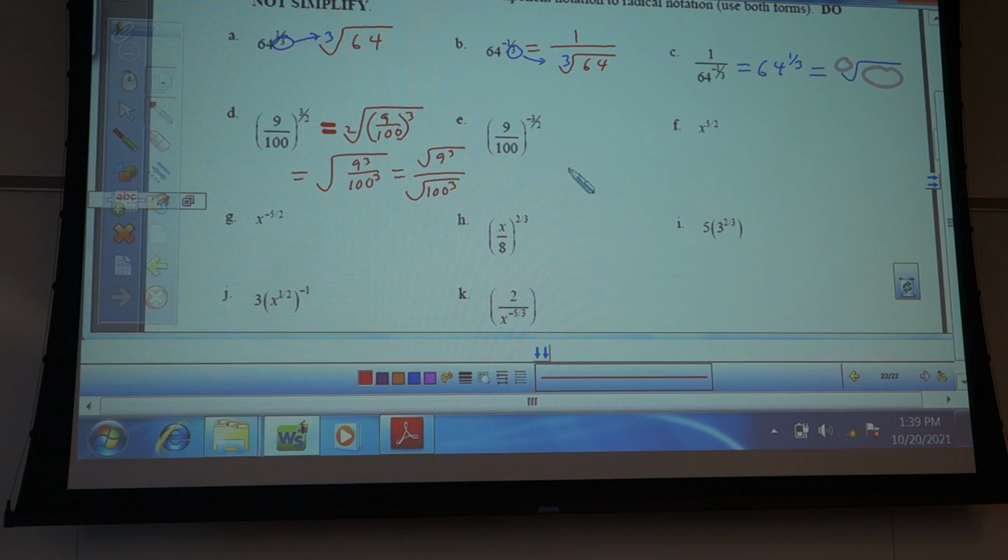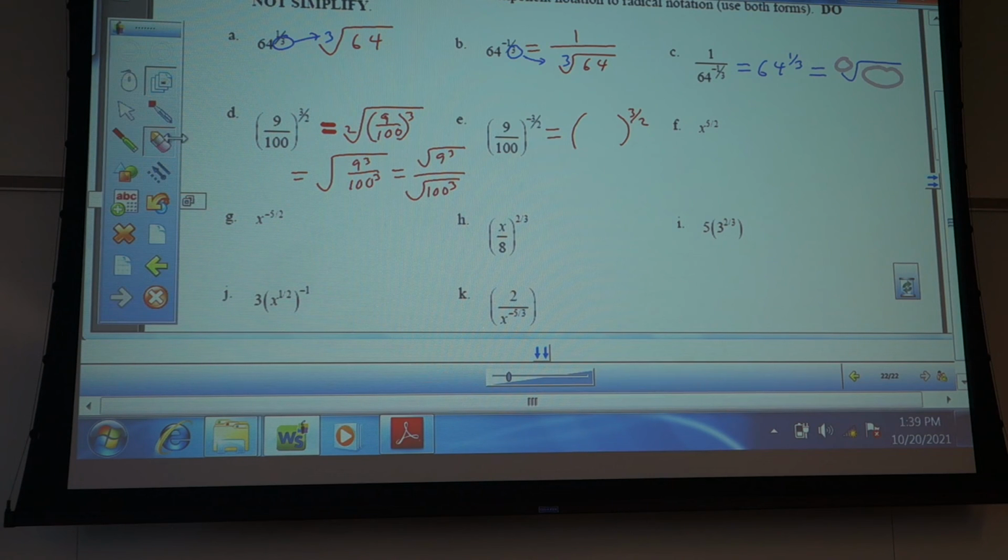All right, we'll do one last one. We'll do E together. So I think you should rewrite this as a fraction to the positive 3/2 first. So do that first, and then do the bottom part. 9 over 100 to the negative 3/2 is the same thing as what to the positive 3/2?